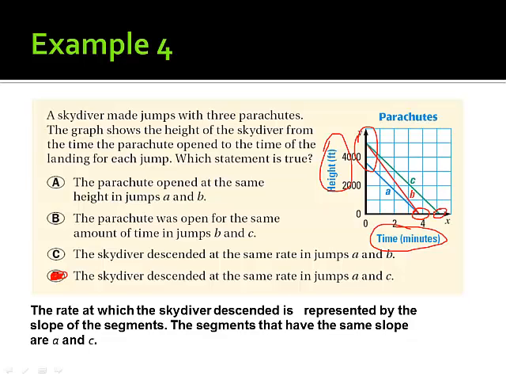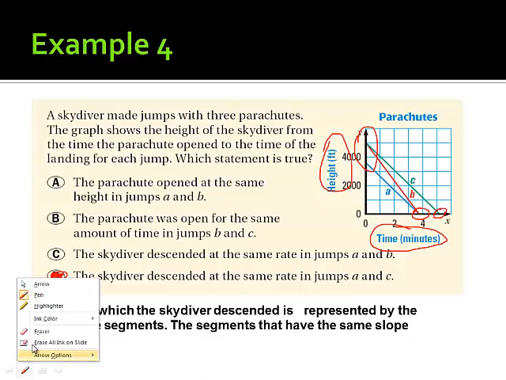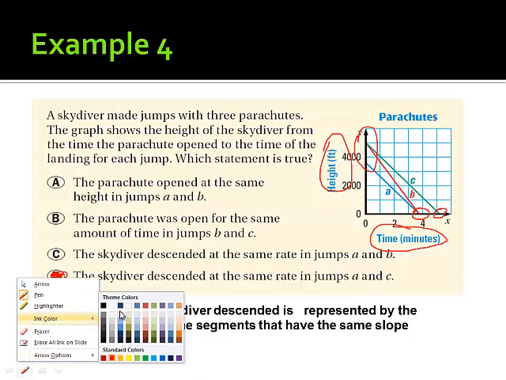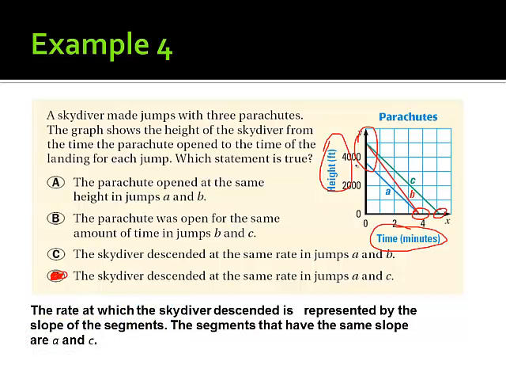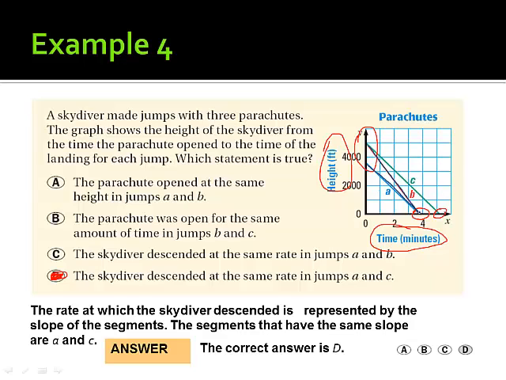And then for C, the skydiver descended at the same rate in jumps A and B. Well, you can see in A and B, they are completely different slopes. So for example, this is A and B. These two slopes are not the same, so that means they're not descending at the same rate. And that's it. So the correct answer is going to be D in this case.